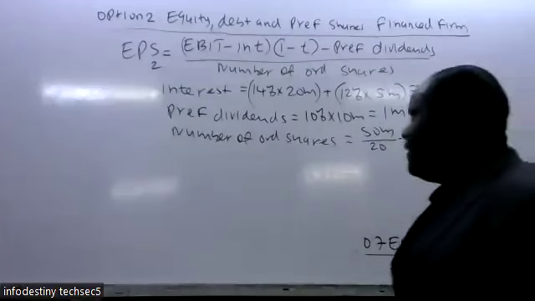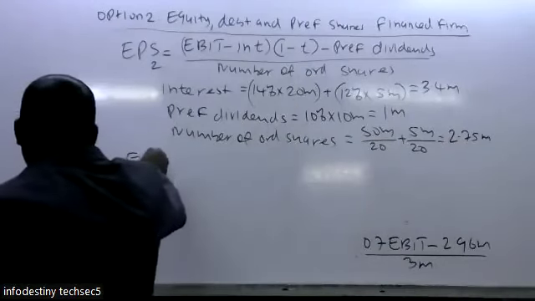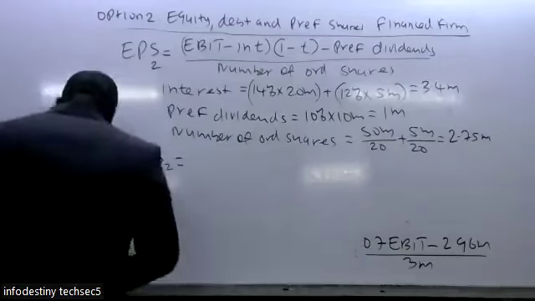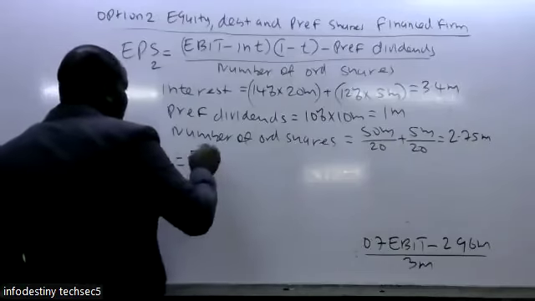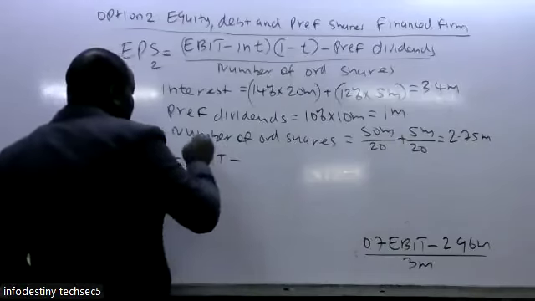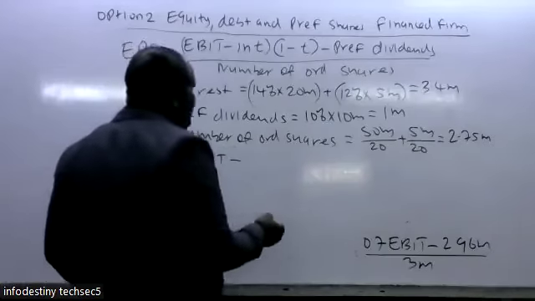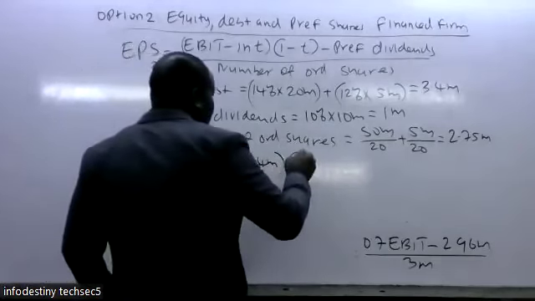So now after that, earning per share for option 2 is going to be equal to earnings before interest and tax. So now the interest is 3.4 million. Then 1 minus the tax rate.